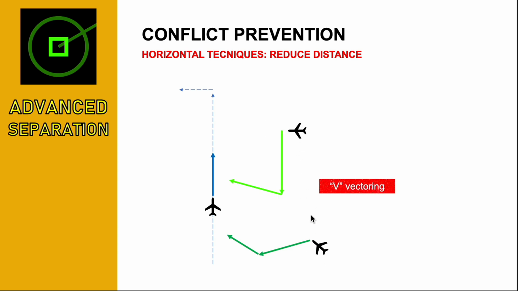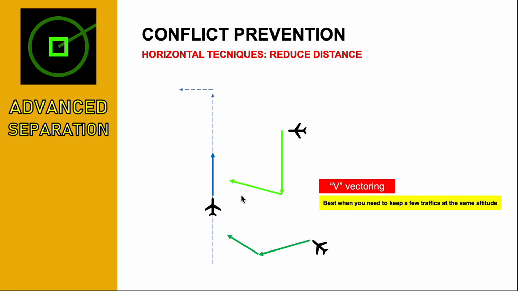So instead, do this technique where this traffic comes here, this traffic comes here. They are reducing distance, but they are not approaching directly into each other. And then this one, you give this vector, which is very similar, and then you're going to have this traffic behind this traffic and this traffic behind this traffic, but you're not going to compromise the minimum distance.